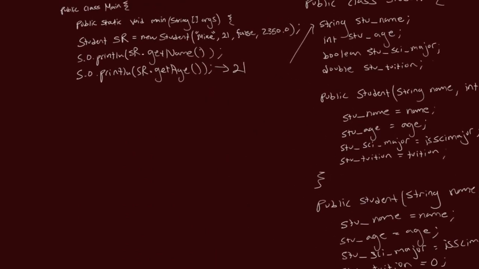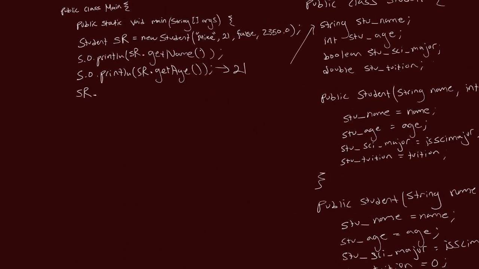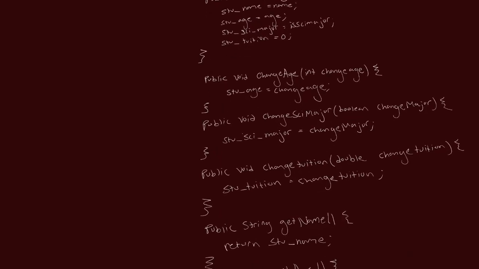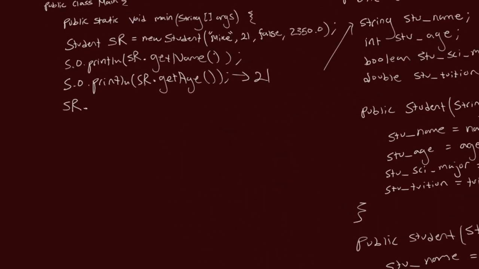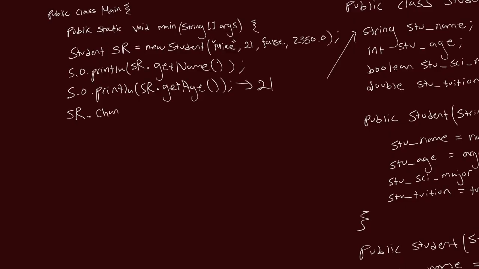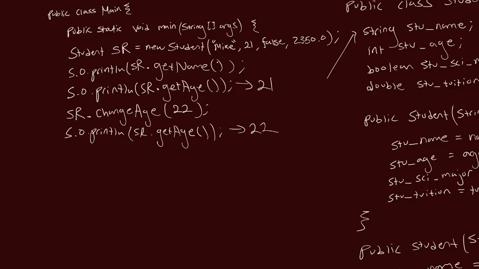So let's change that, and so we have to change this one. We call this one change age, and then we pass in an integer. So change age, and we pass in 22. Now if we do system.out.println again, sr.getAge, it's going to show 22.